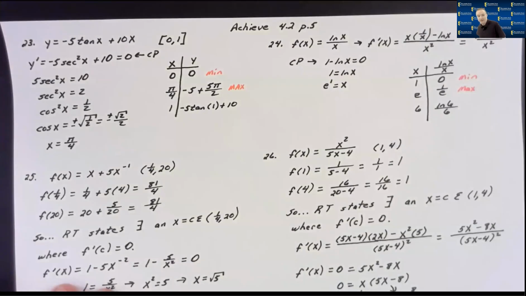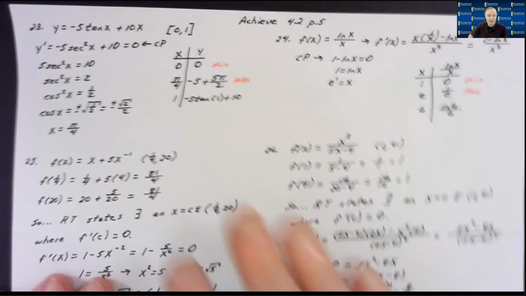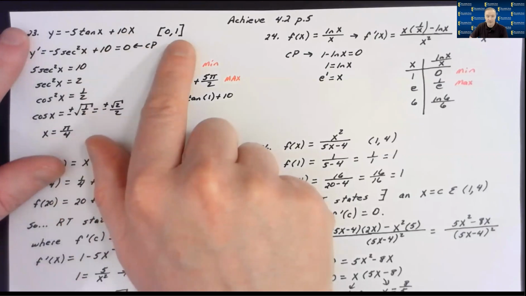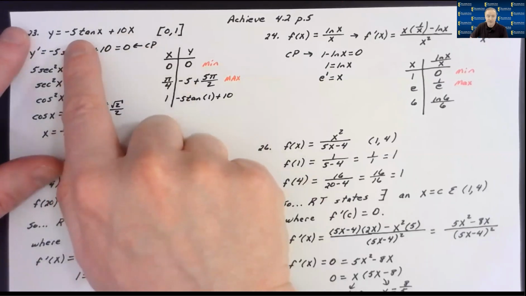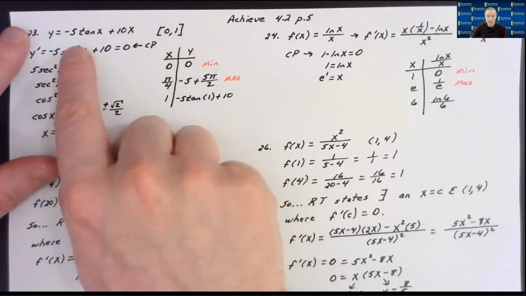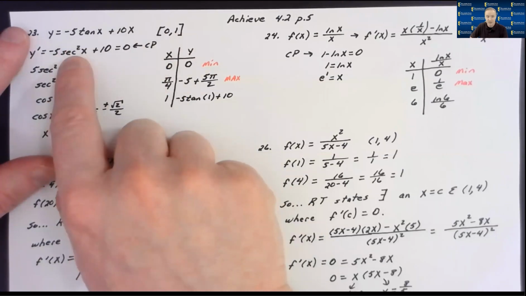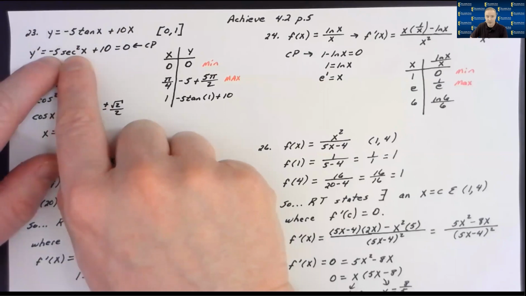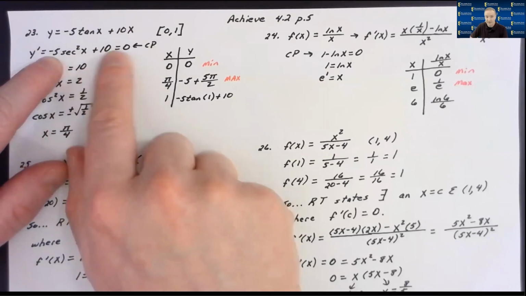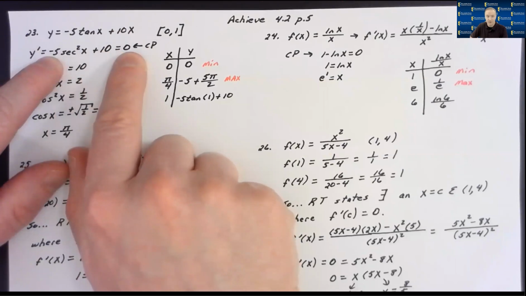So the work I did on this problem here, I would say, well, if I have negative 5 tangent of x plus 10x on this interval, I need to first find my critical points and see if there are any between 0 and 1. Well, the derivative of tangent is secant squared, so I get negative 5 secant squared x. And of course, the derivative of 10x is 10. I set this equal to 0 to find my critical point.